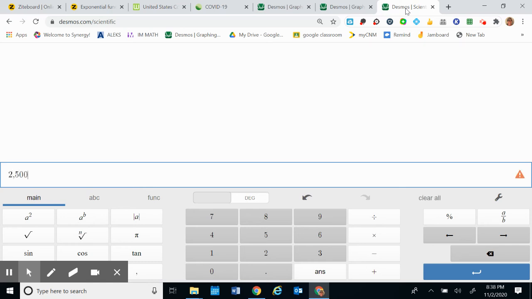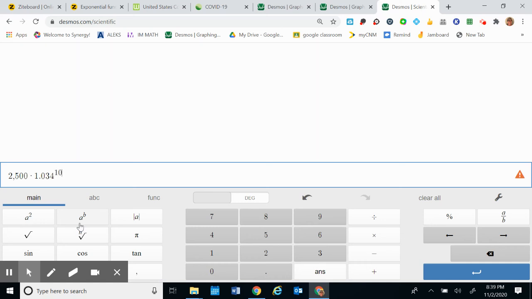Okay, 2,500, and then you must put a times, guys, times 1.034, and it knows that base. So I'm going to do that to the 10th power.